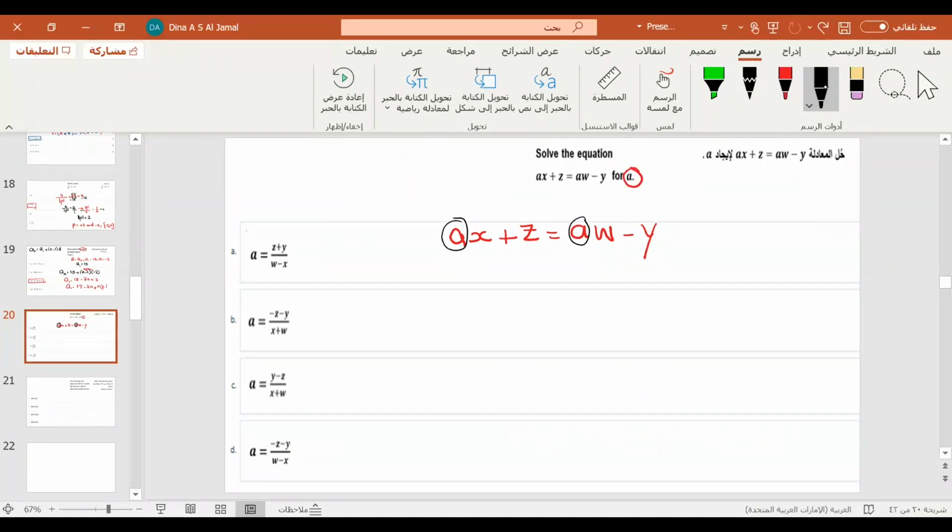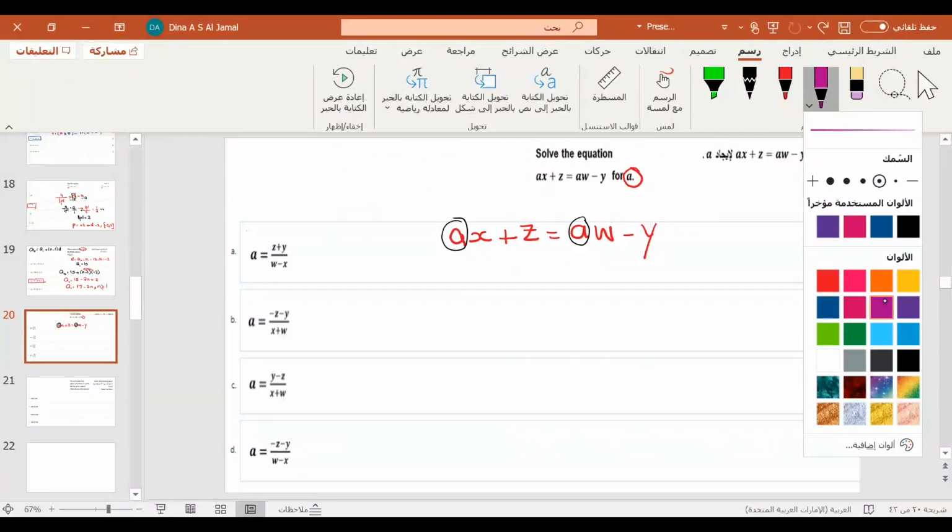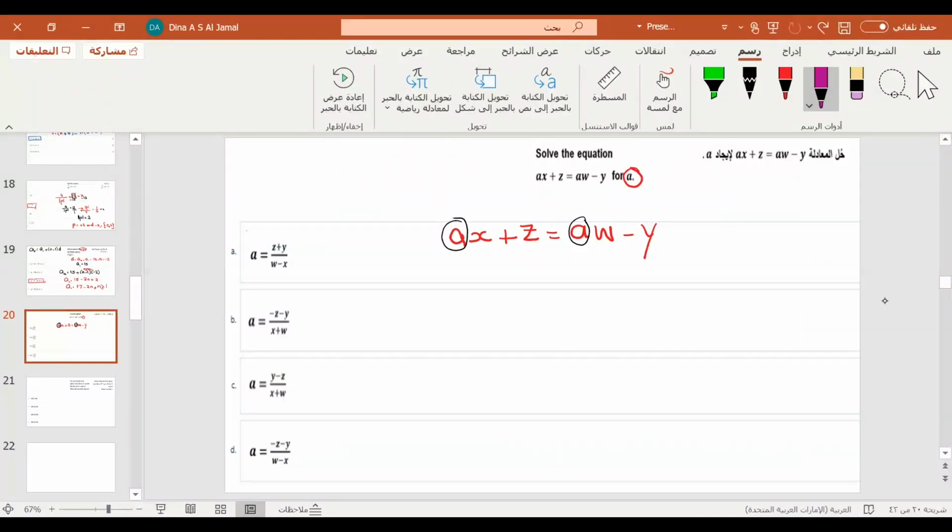So how can I have the a alone? I can gather all the a's on one of the sides. So what I can do is that I will be moving this ax into this side.